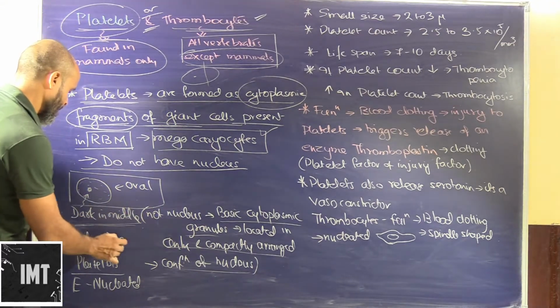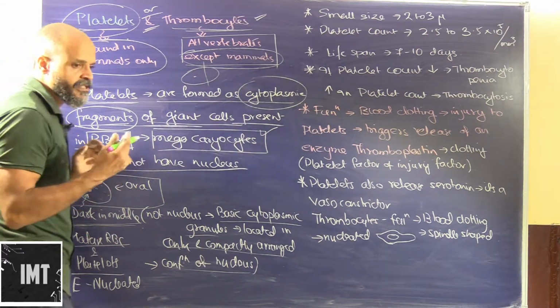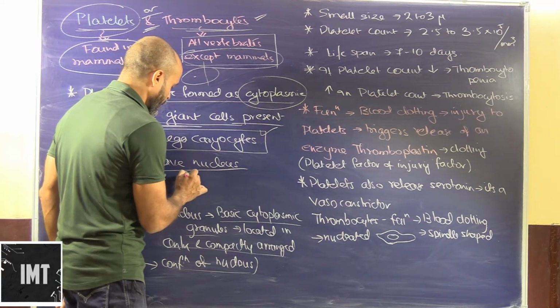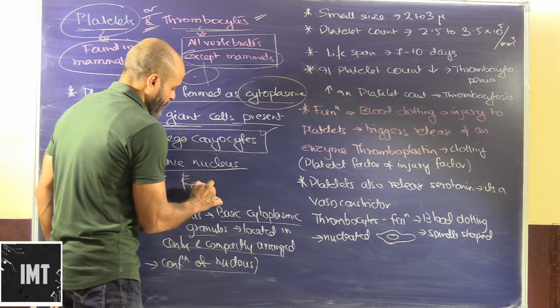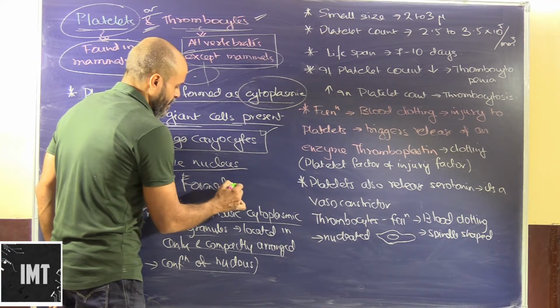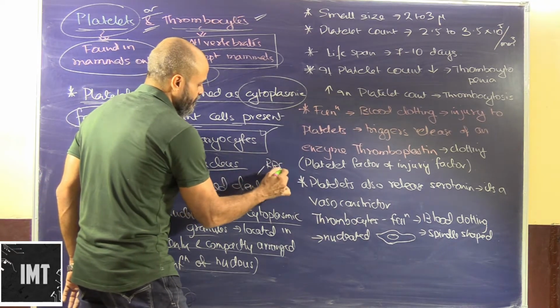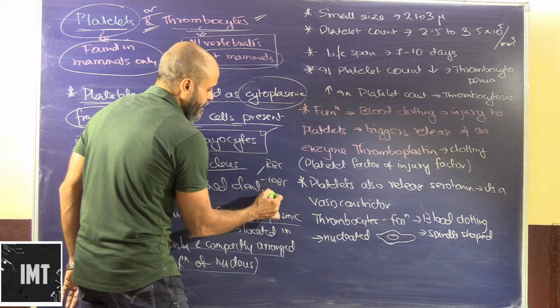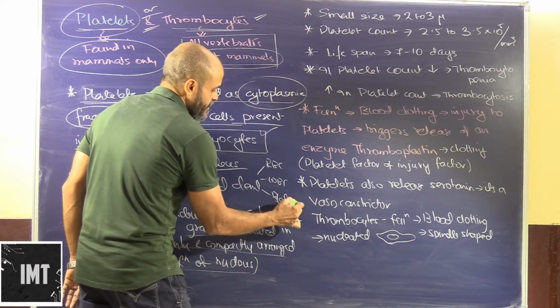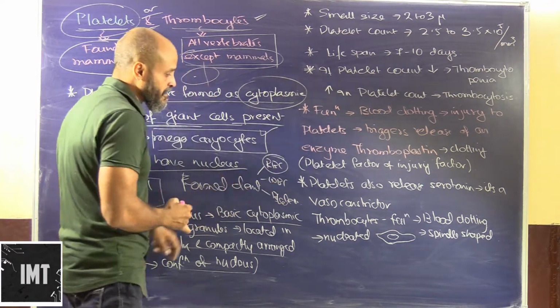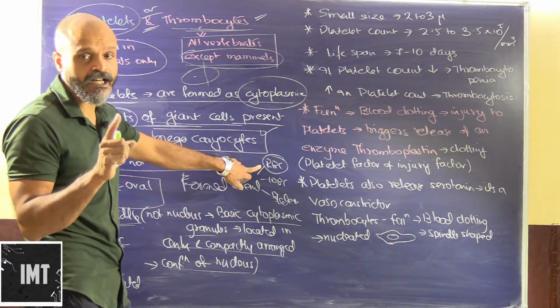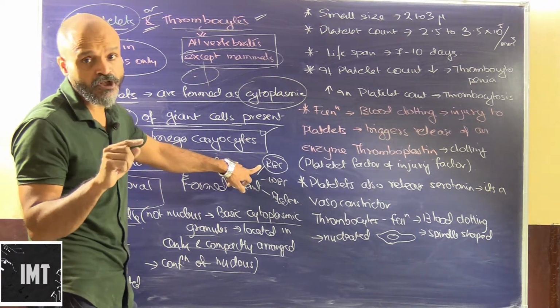So we have seen that of the formed elements or corpuscles of blood, that is RBC, WBC and platelets, to be very precise, young RBCs contain a nucleus, while mature RBCs do not.